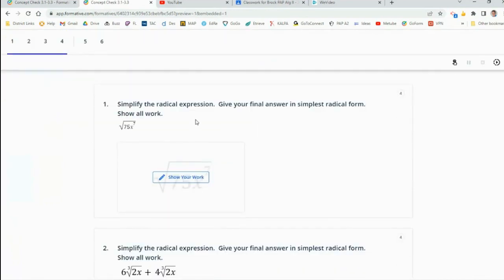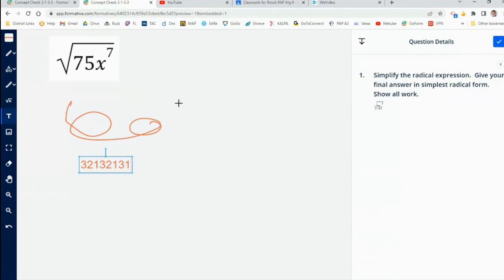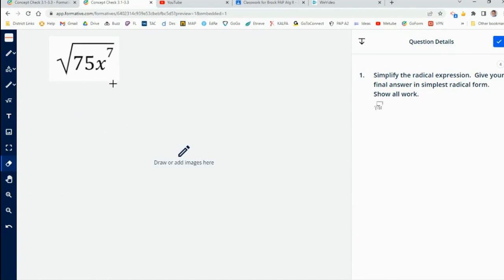Simplify the radical expression and give your answer in the simplest radical form. Show all work. This is like the notes that we were just looking at. You have to simplify that to the simplest radical form. You can use the pencil and you can write. You can type, whatever you want to do.